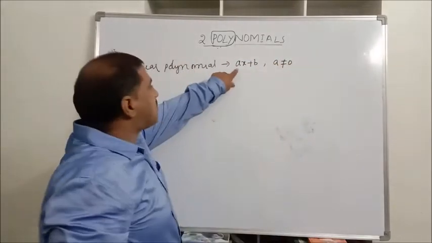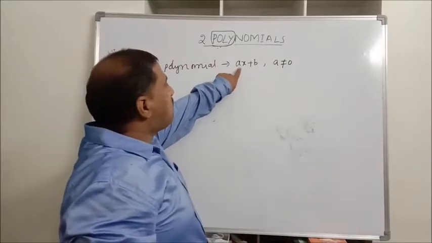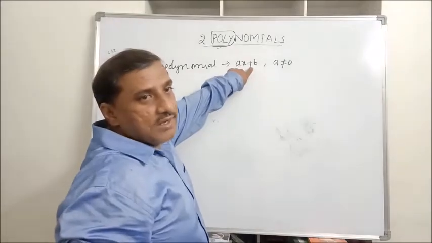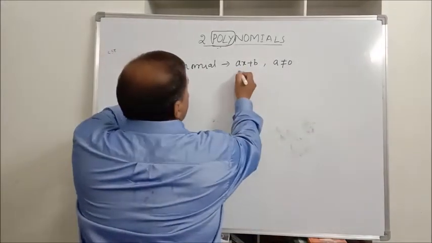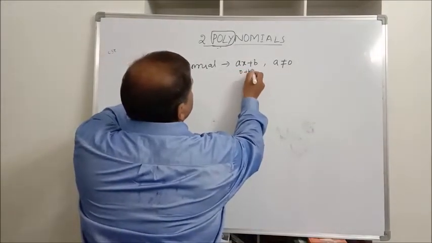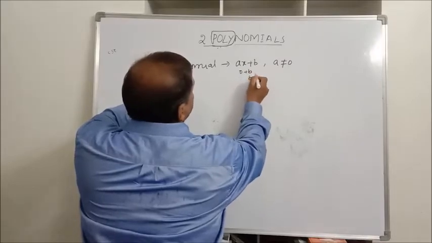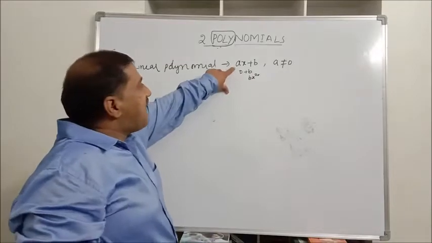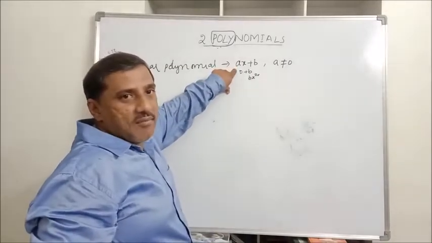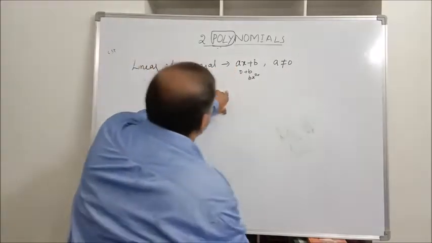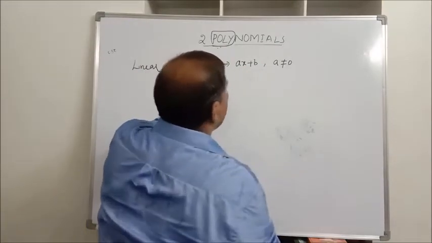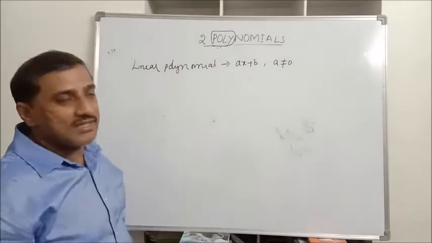If a is equal to 0, then 0 into x is equal to 0, and 0 plus b we will get. B means bx to the power of 0, so the power here is 0. Hence, if a is equal to 0, then that will not become a linear polynomial. So the general form of a linear polynomial is ax plus b, where a is not equal to 0.